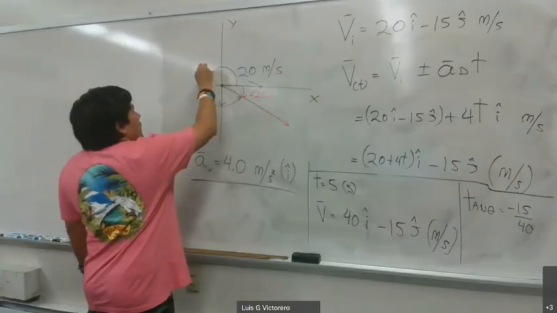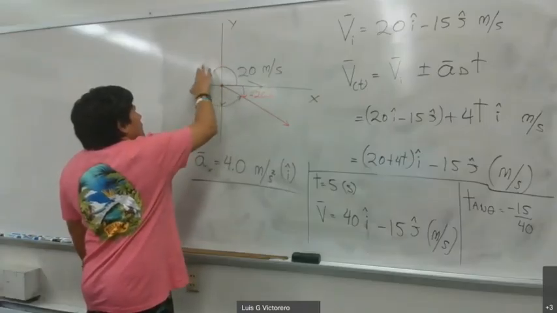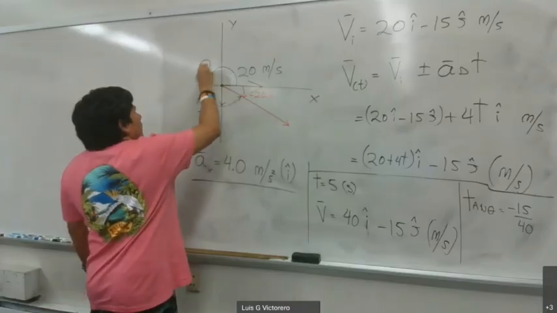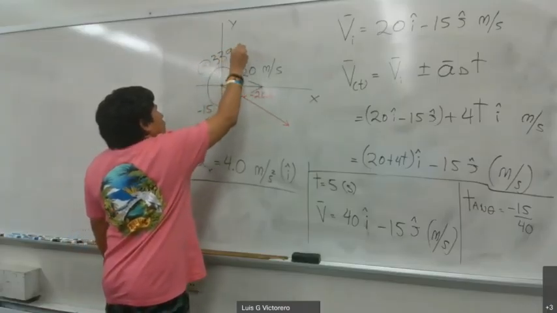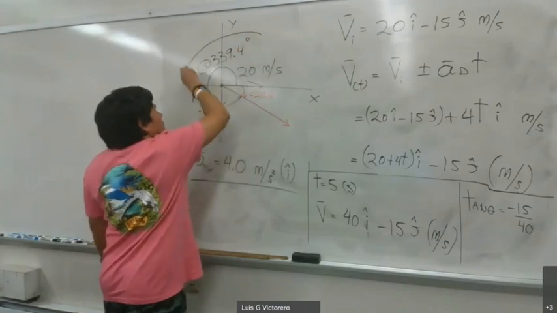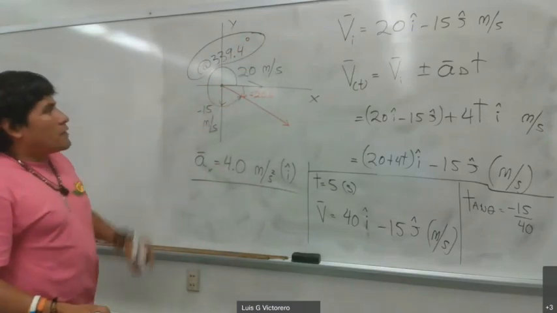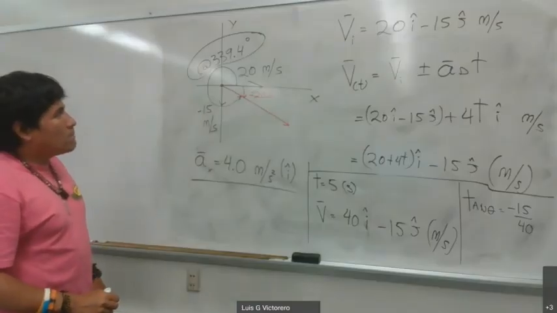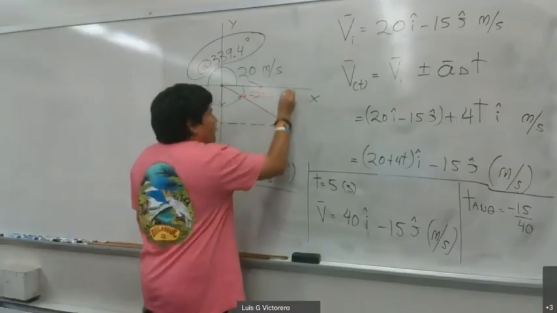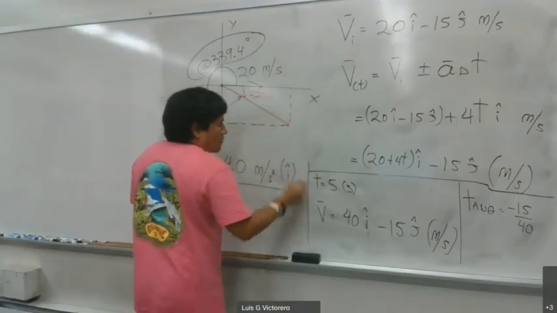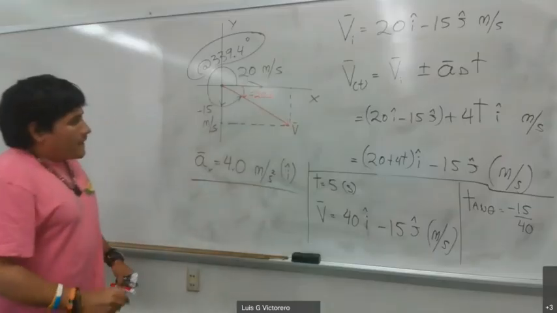So this angle will be at 339.4. And just draw it and show it as well. Remember, this was this velocity here.